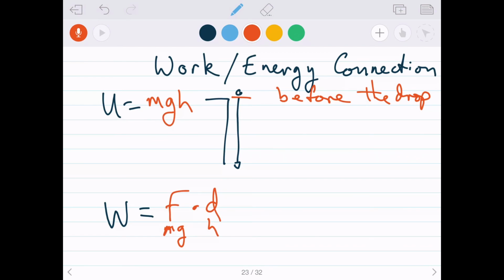Force times distance, which is mgh. It's the same equation basically, but this is after the drop or after the release. Okay? It's a subtle difference, but it can actually be very important as we get into some other things. Okay? So before it is potential energy, after it is work.